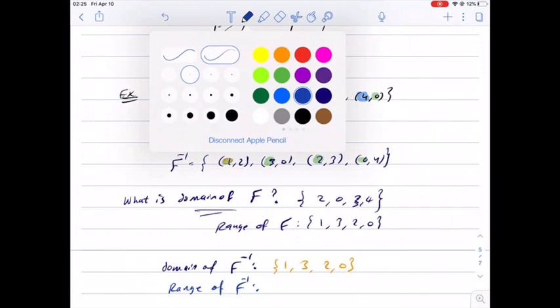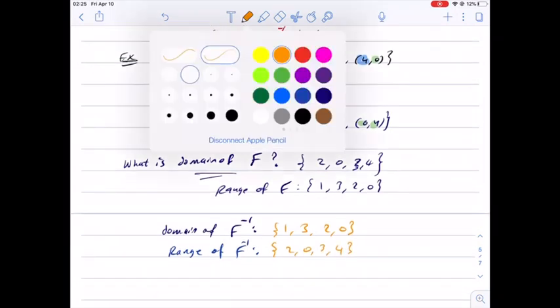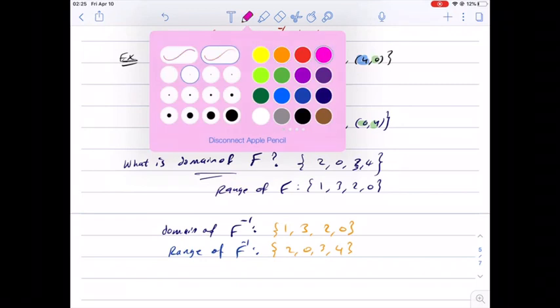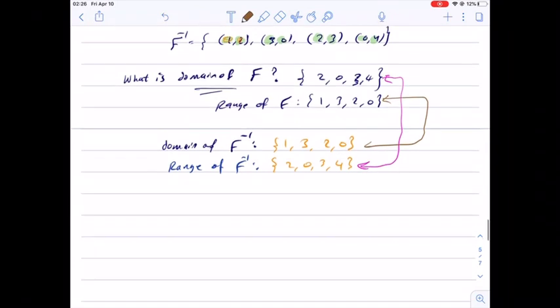The range of f inverse is 2, 0, 3, and 4. Now let's compare those. The domain of f is the same as the range of f inverse, and the range of f is the same as the domain of f inverse.